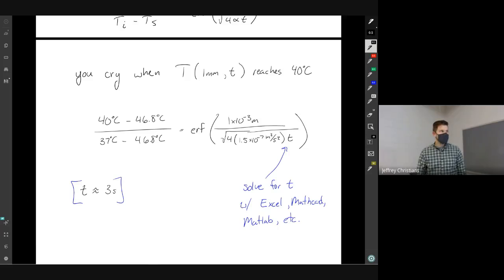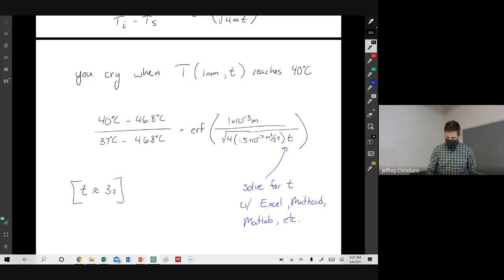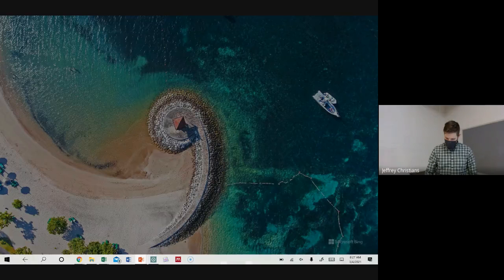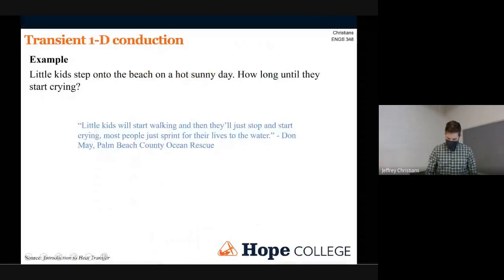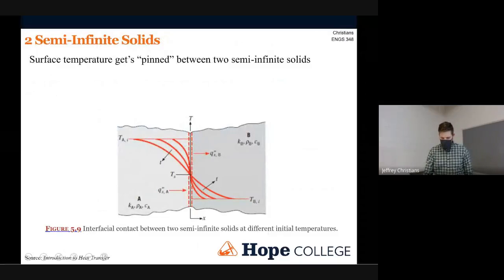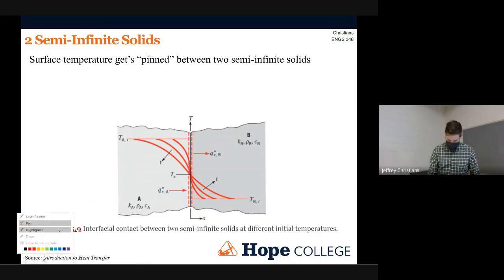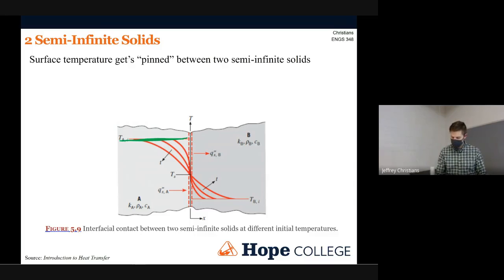Just to get a kind of visual picture of what happens, because I think it's helpful to see it, I think this is a good image to help you see a little bit what's happening. So initially, this is your initial temperature TA, maybe the sand temperature.